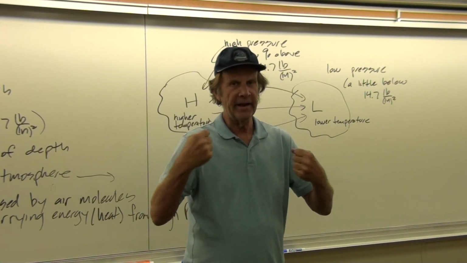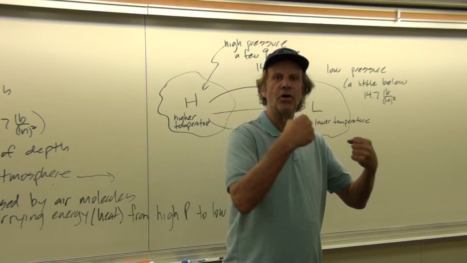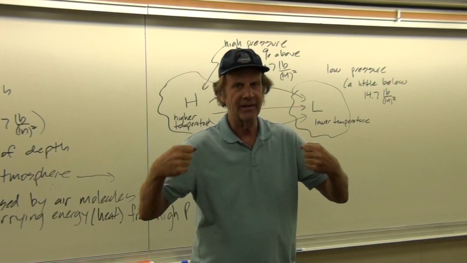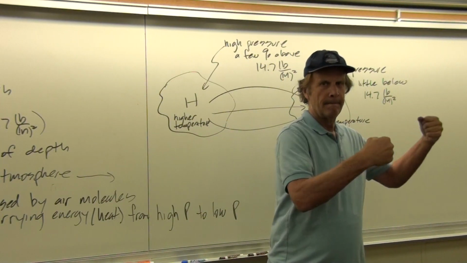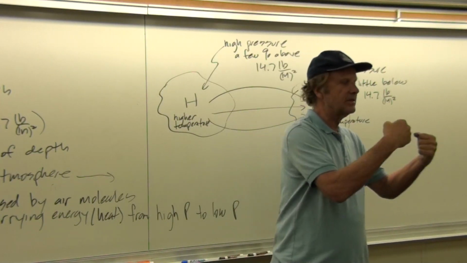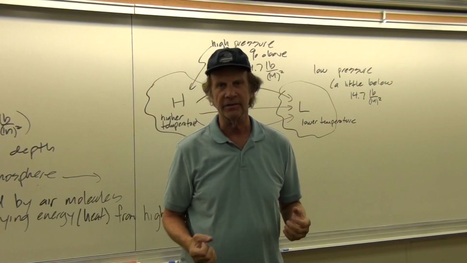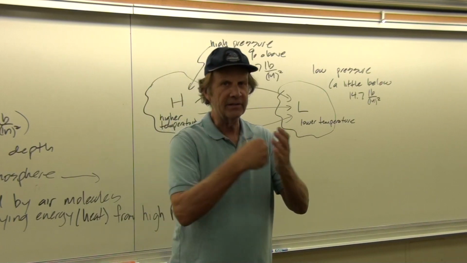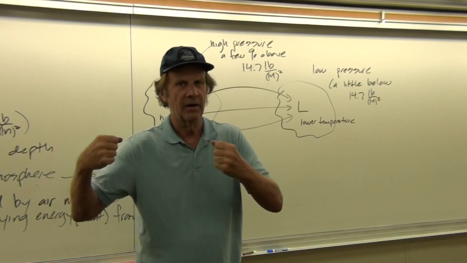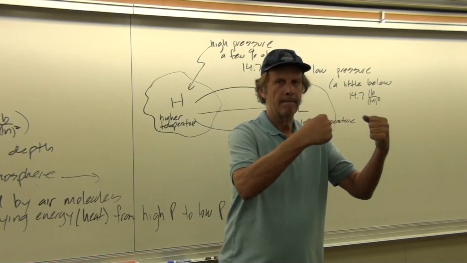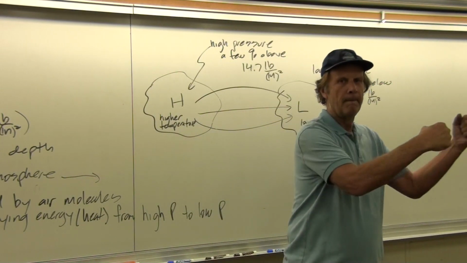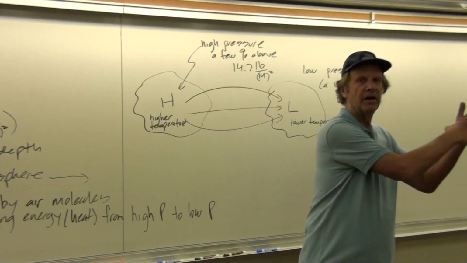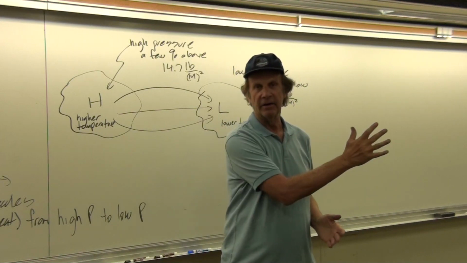But what if the one that has more pressure is getting in more hits than the one that has lower pressure? So it's a statistical thing, because you have a lot of molecules doing this, but if the high pressure air is getting more hits on the lower pressure, then the average motion is from high to low.